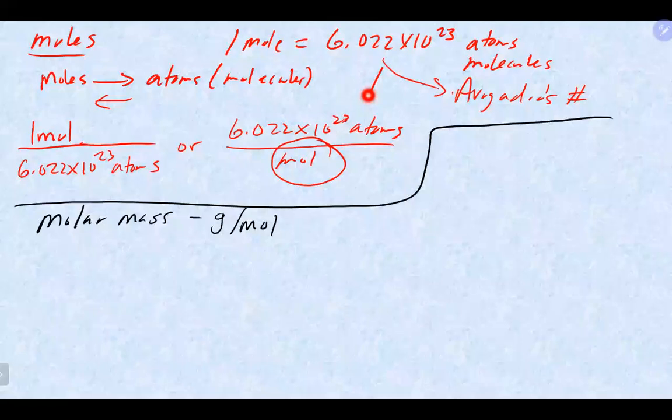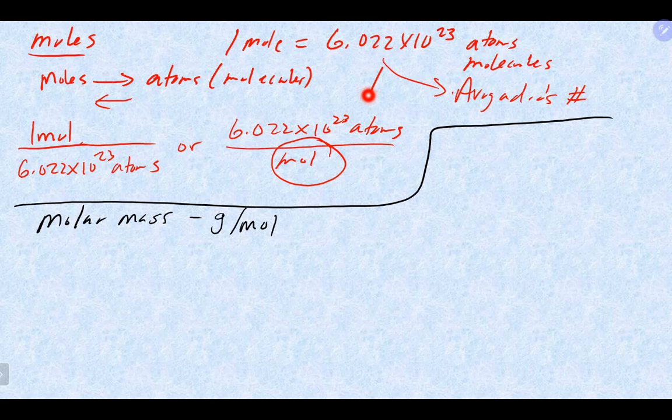We can get that number from the same place where we get atomic mass, the periodic table. Numerically speaking, the atomic mass in AMU per atom, which is what you could grab off the periodic table, is the same as the molar mass in grams per mole. So they're basically the same number that you could get from the periodic table.